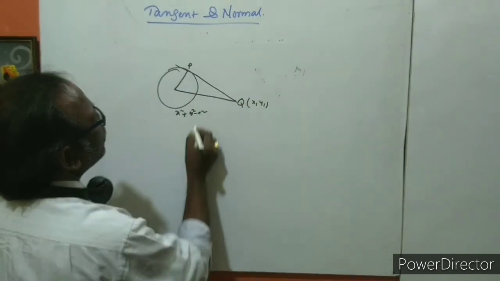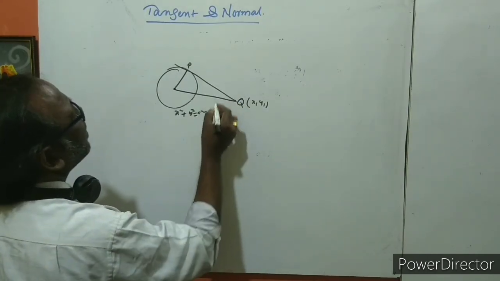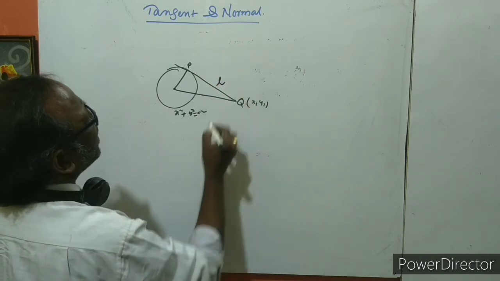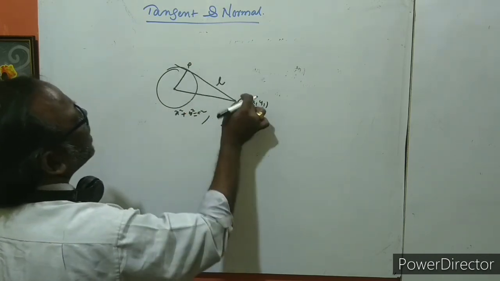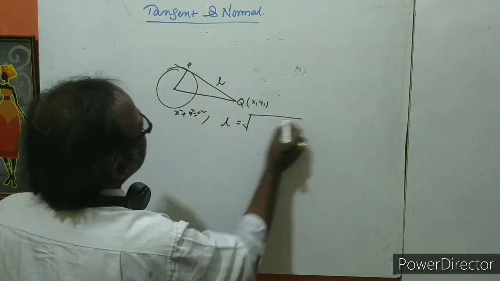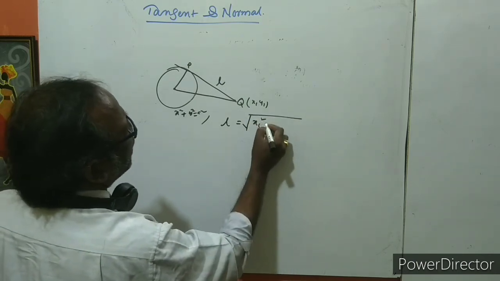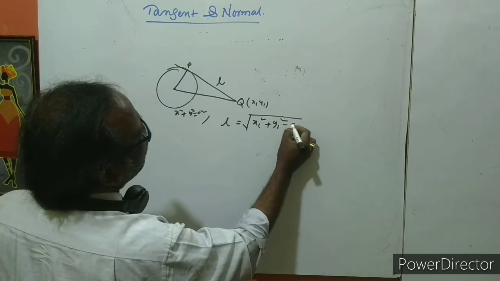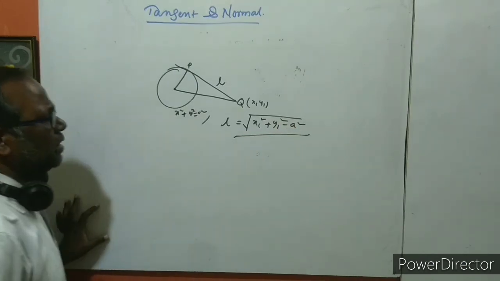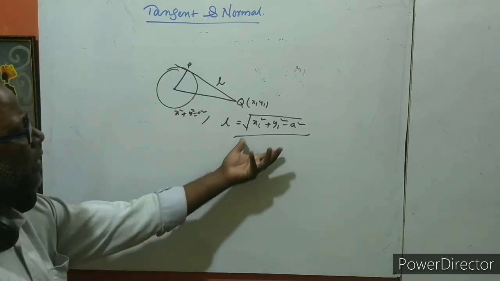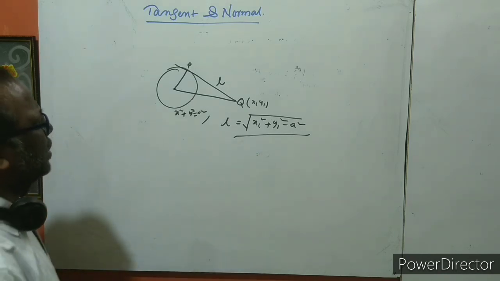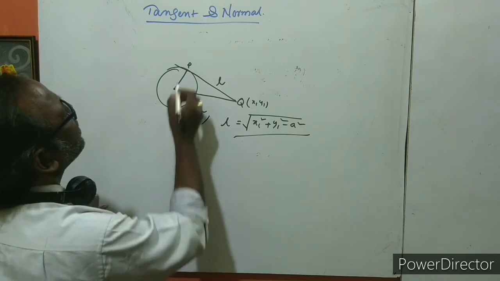So you can write L is equal to this length, that is root of x1 square plus y1 square minus a square, and this is the length of the tangent. And students, see how it is possible to find the result of L here.